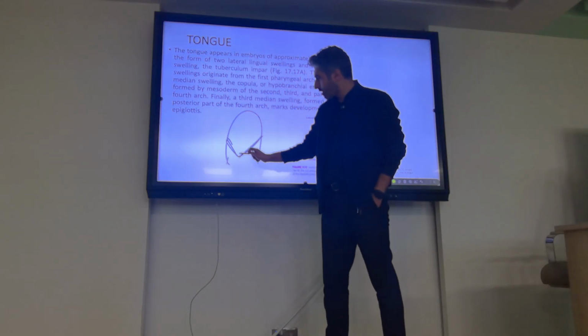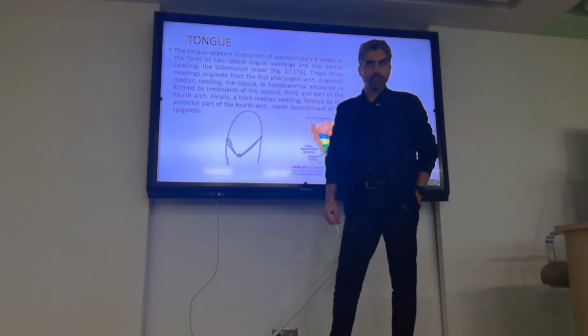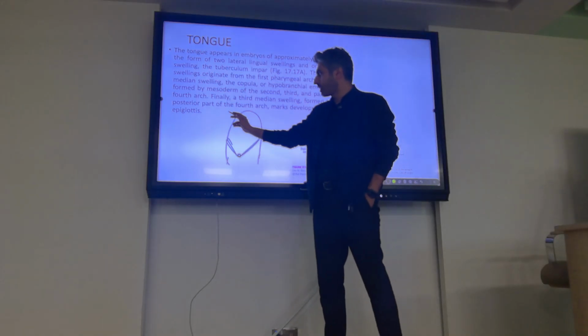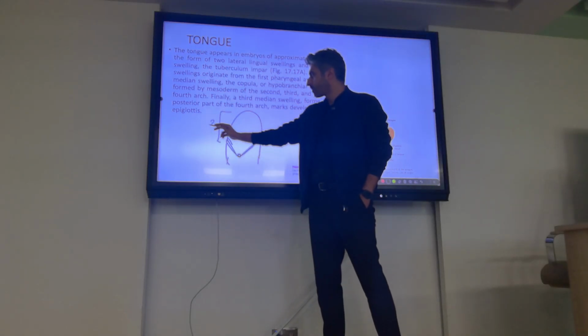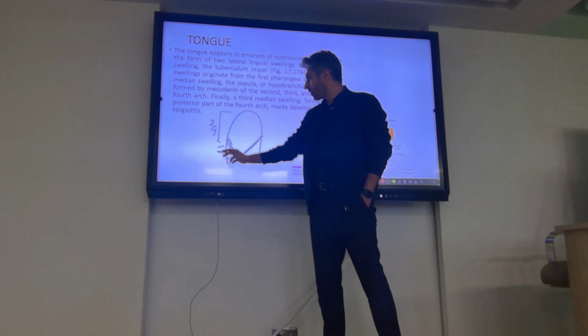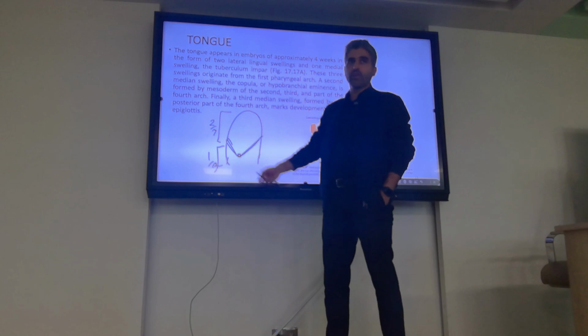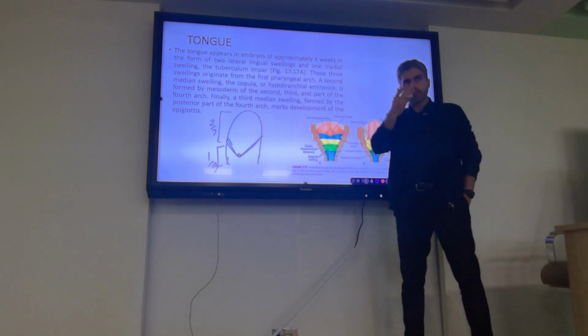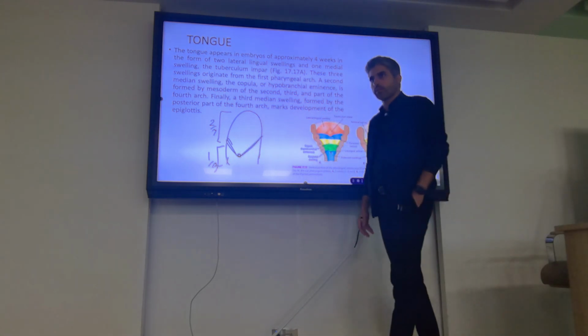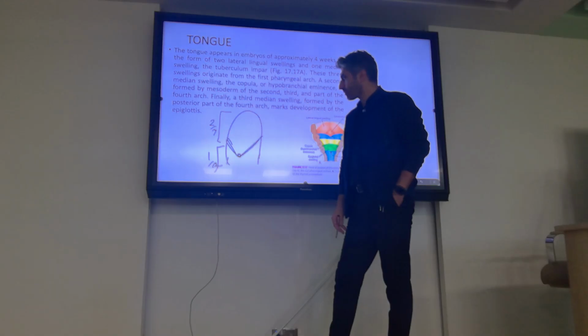At the center of this sulcus, you have the foramen cecum, the anterior two-thirds, and the posterior one-third. The posterior one-third is the root, but the anterior two-thirds is the body and the free part, which you can move.